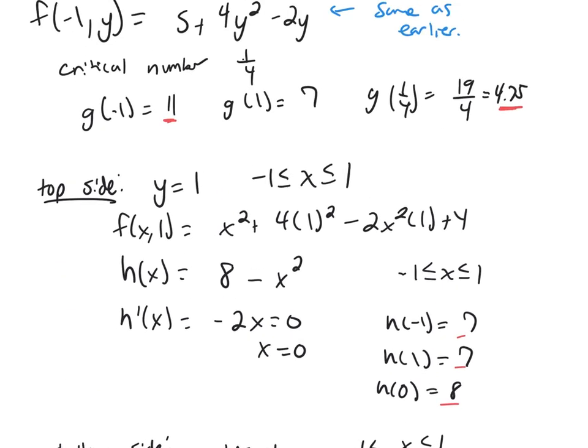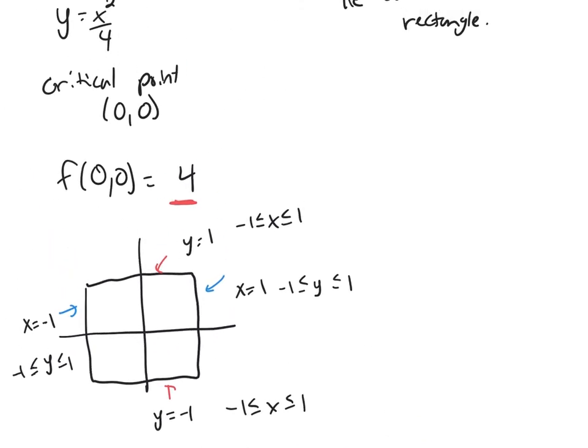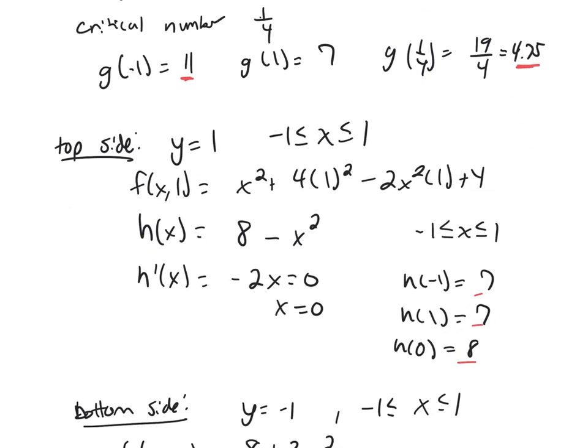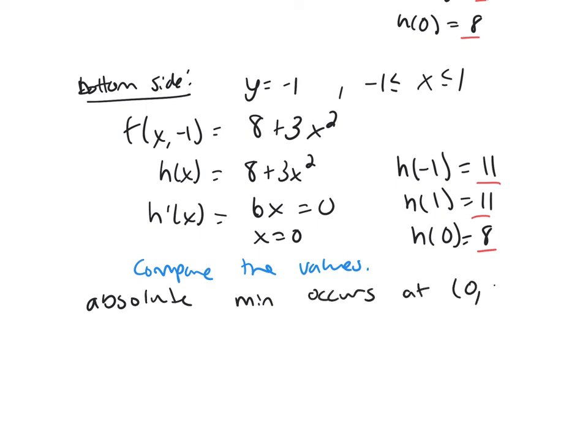So out of all of these values, my smallest value was 4, which occurred at my critical number. So I'm going to compare the values, and I can say that the absolute minimum occurs at 0, 0, and the value that's the minimum is 4.